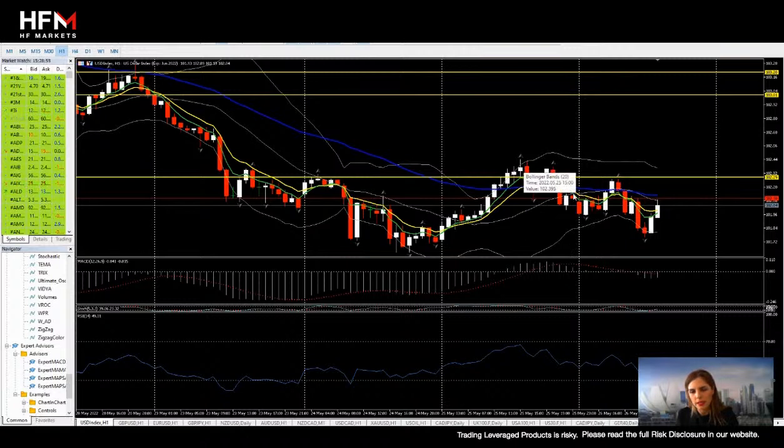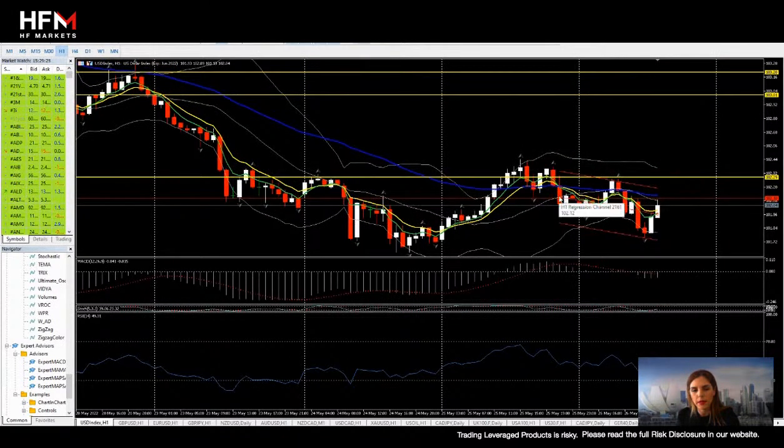Dollar index, a short term down channel as we have seen since yesterday morning. It remains in track within the downwards channel. This is the 1 hour chart. Bounce the last hour and a half ahead of the data, we could say. Okay, but still in this channel.